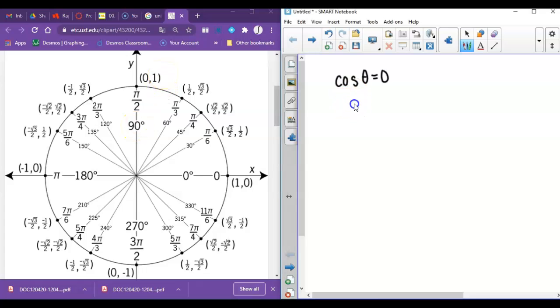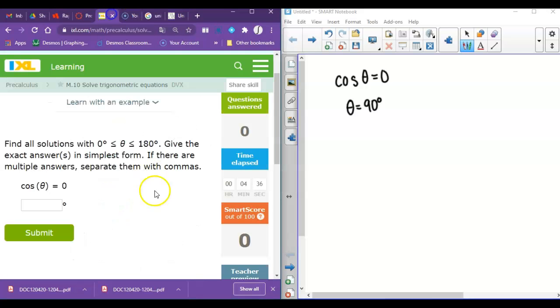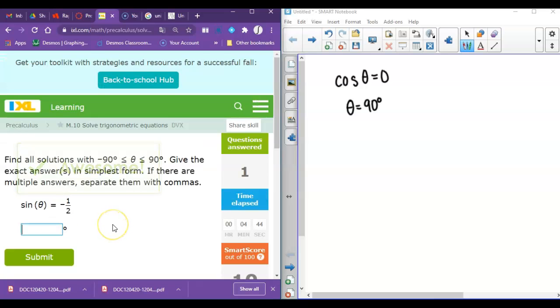So theta is going to equal 90 degrees. Now, you'll notice down here at 270 degrees, cosine also equals 0 here, but remember, IXL told us only to look from 0 to 180.